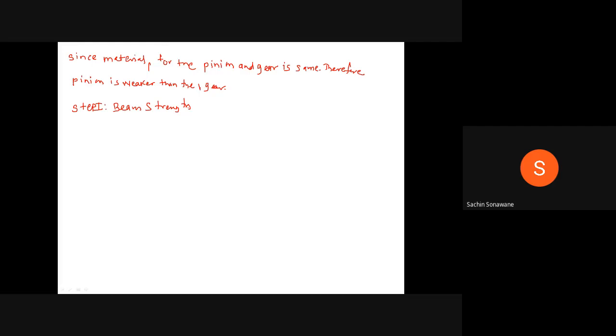Beam strength SB is equal to M B sigma B into Y. Therefore, write down value of M 3 into 40 into sigma B means 600 divided by 3 into Y is nothing but 0.295. Therefore, anyone can tell me the answer?